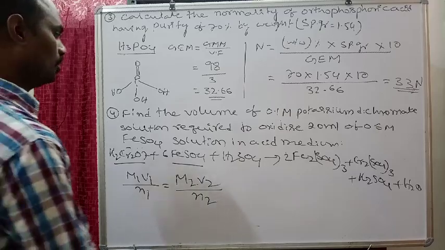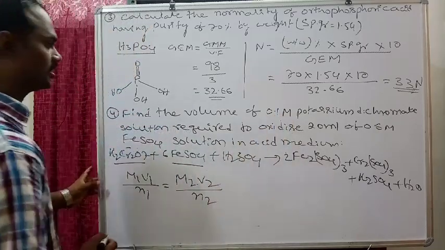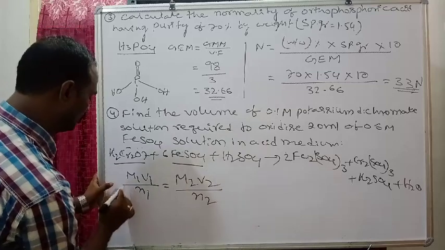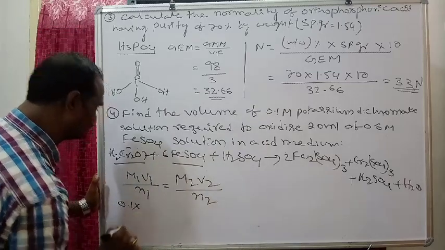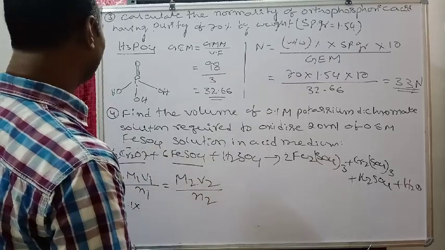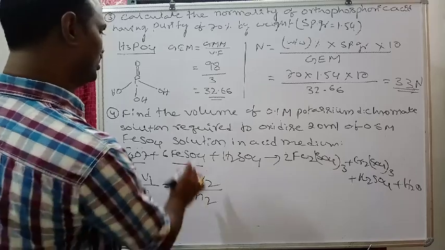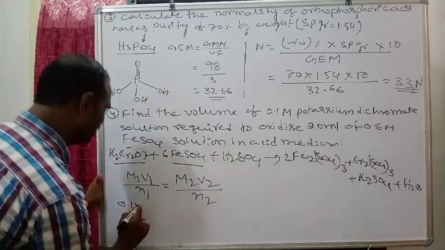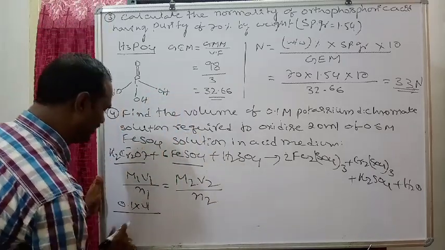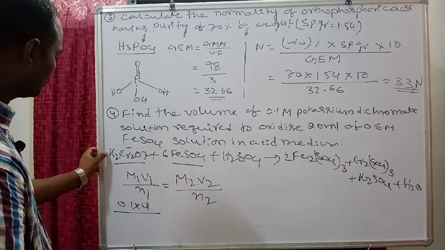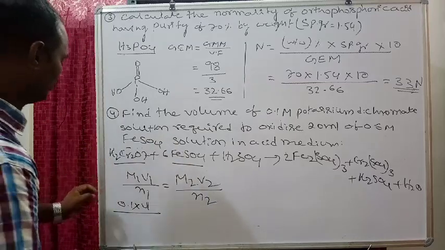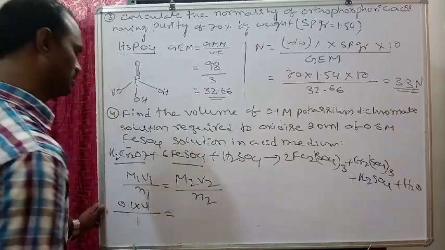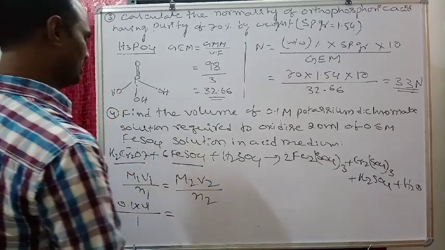Here the concentration of potassium dichromate M1 is 0.1, and the volume of potassium dichromate you don't know, so V1 as it is I wrote. The number of moles involved from this equation, N1 is equal to 1. Now come to this side.